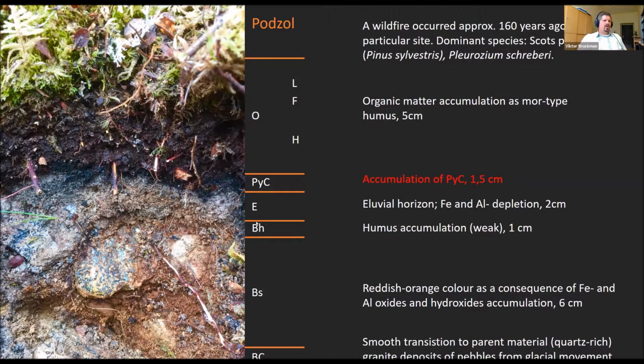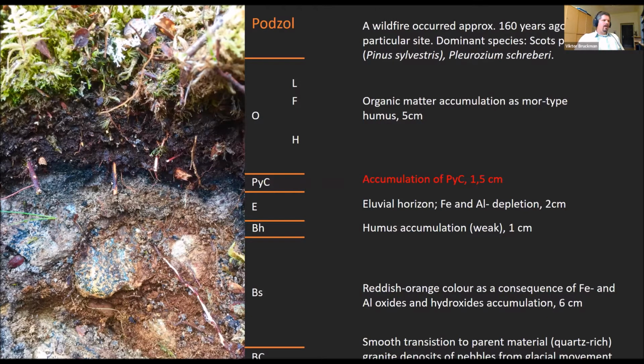If you go through the profile further, you see the eluvial horizon, typical for iron and aluminium depletion. That's why it's pale color. A slight humus accumulation, followed by the Bs horizon with reddish orange color as a consequence of iron oxides and aluminium oxides and their hydroxides that are accumulating there. And then it goes to the parent material.